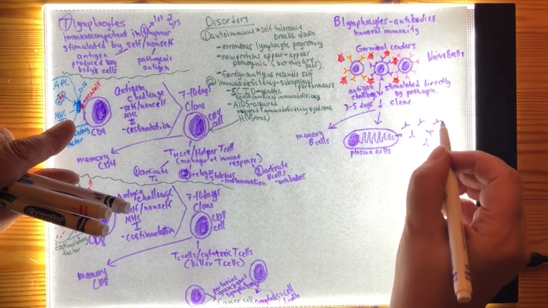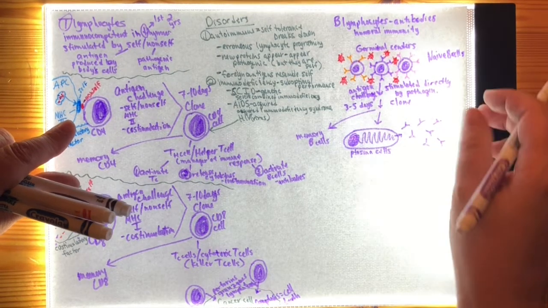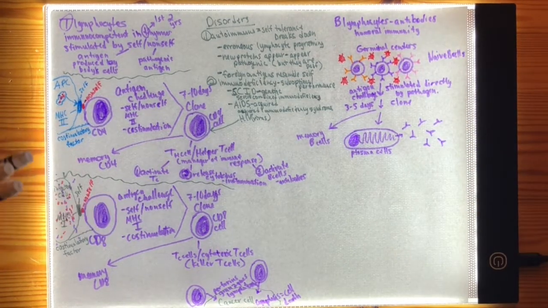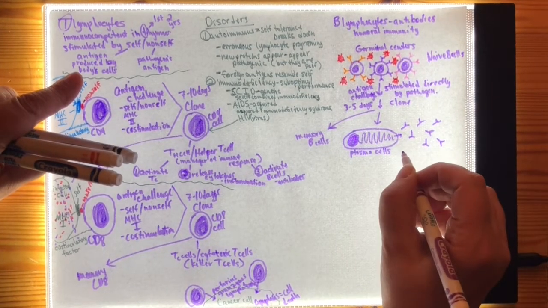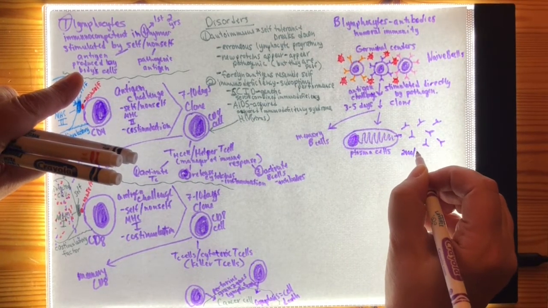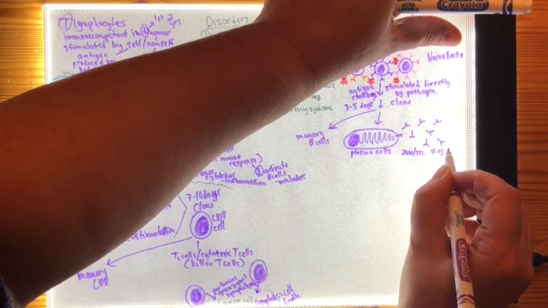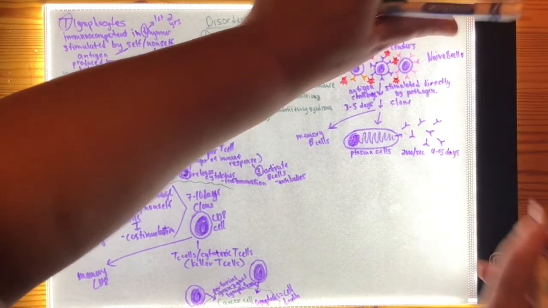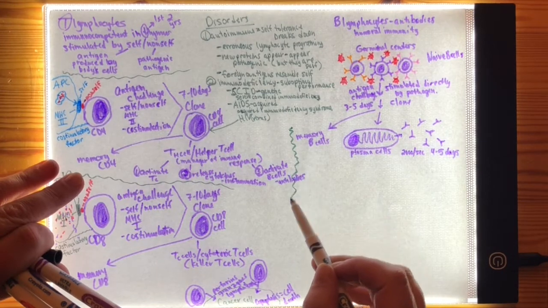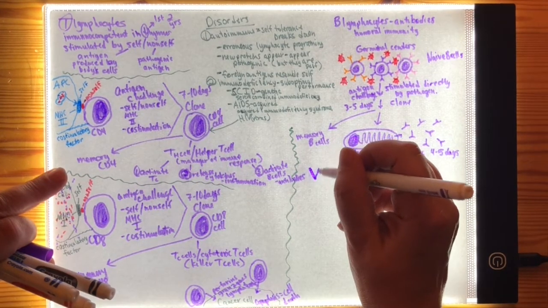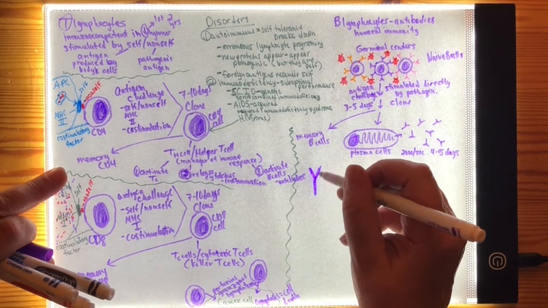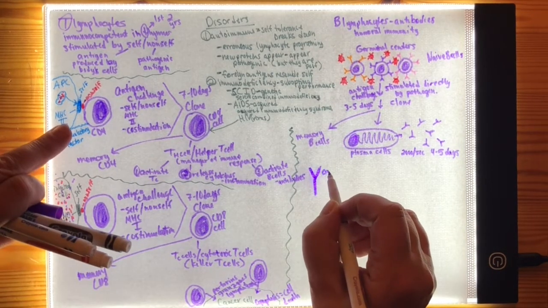A plasma cell is able to manufacture massive amounts of free-floating, loose antibodies, now released into the humors, these little Y-shaped proteins. And there's a lot of them. The plasma cells will release about 2,000 per second over the course of 4 to 5 days. So a massive number of antibodies as soon as those plasma cells are cloned.